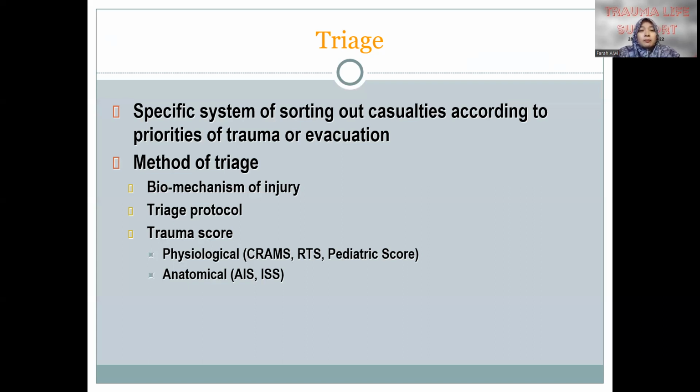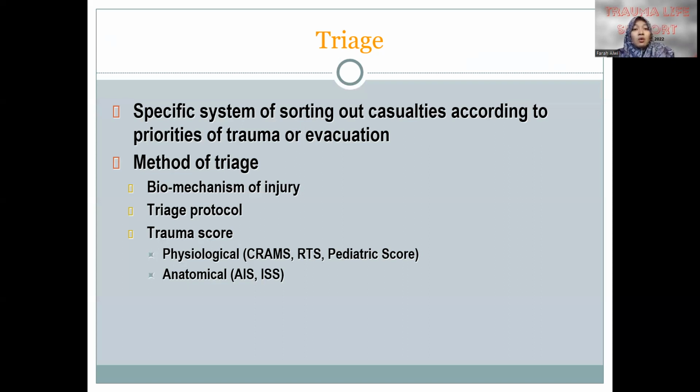There are a few ways to triage patients. You can triage based on the mechanism of injury, say car versus motorbike. You expect the motorbike rider has a more severe injury compared to the patients in the car, so go and see the patients on the motorbike first. Or you can use the Malaysian triage protocol, the one with red, yellow, green, and usually we use it in the hospital.